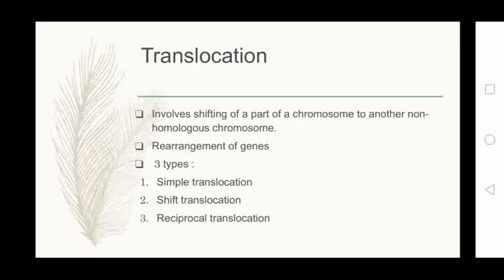So homologous chromosomes are the same type of chromosome, they carry similar types of genes and they are the same in all sense. We have 23 pairs of chromosomes, that is 46, so we have all chromosomes in pairs.